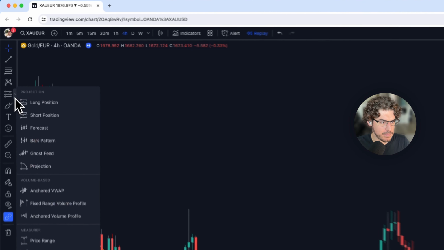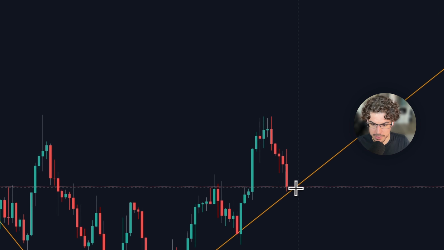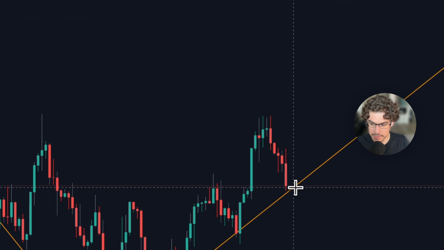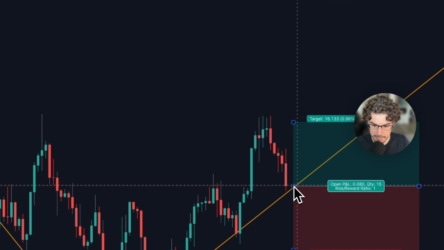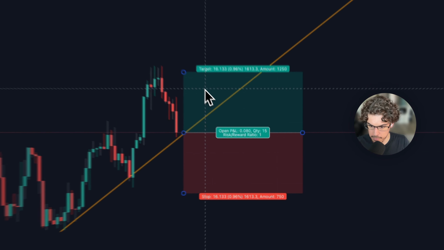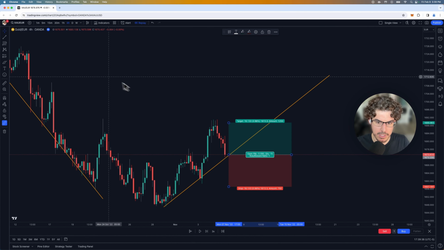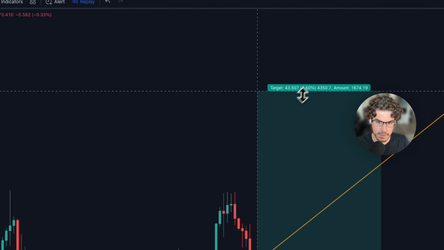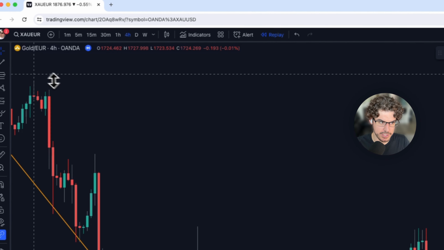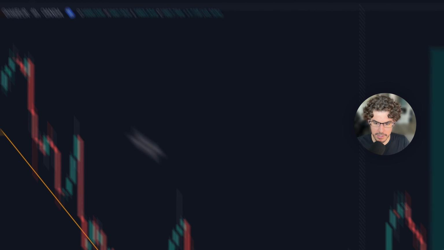Why? Let's pretend that I'm trading an uptrend and I'm entering a long or buy position. This is how I would enter, and I would basically target the previous high, which is this area right over here.